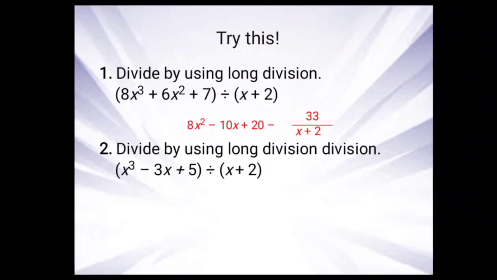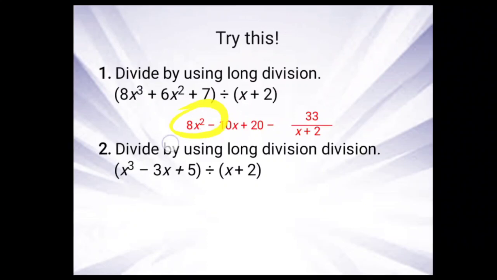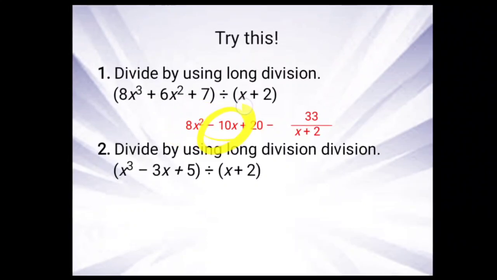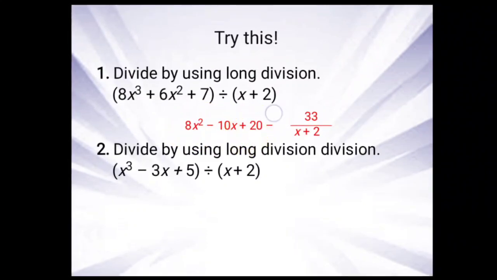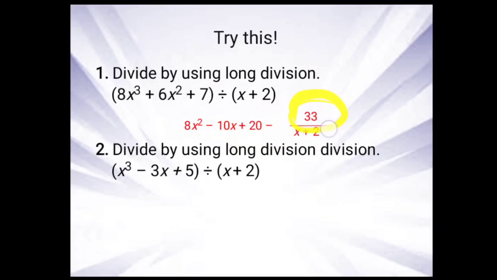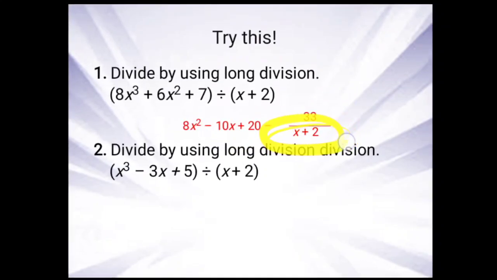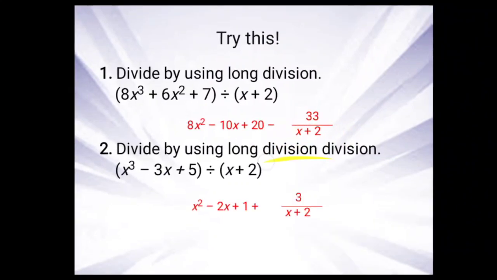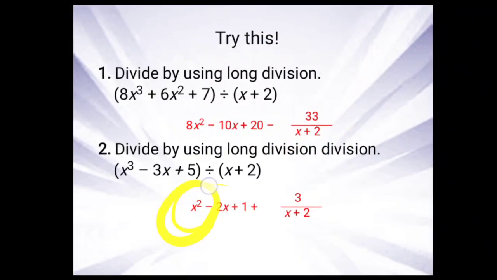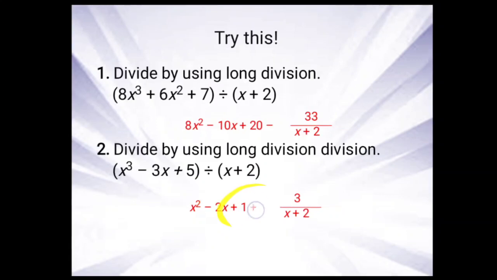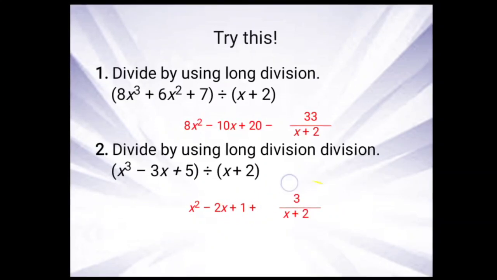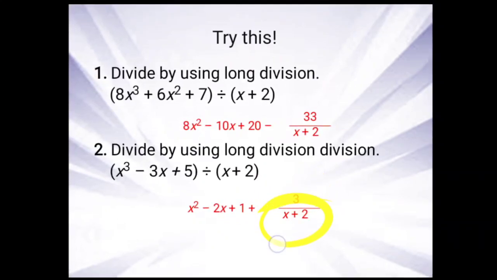It is alright if your answer is 8x squared minus 10x plus 20 plus negative 33 divided by x plus 2. That is also correct. Next, number 2. The correct answer is x squared minus 2x plus 1 plus 3 divided by x plus 2.